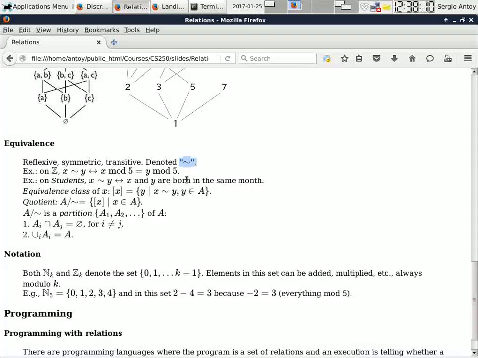If X is born in the same month as Y, is Y born in the same month as X? Of course. So it's symmetric also. It's transitive. If I am born the same month as you, and you are born the same month as him, am I born the same month as him? Yes. And so it's also transitive. So being born in the same month is a relation that is reflexive, symmetric and transitive, so we say that this is an equivalence.